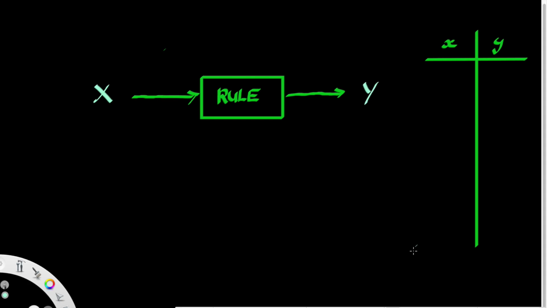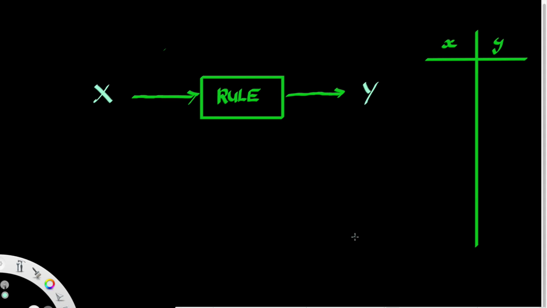We're going to call that y. Rules can be of many different sorts, but the ones we're going to start with are some of the simplest rules, which are linear equations.